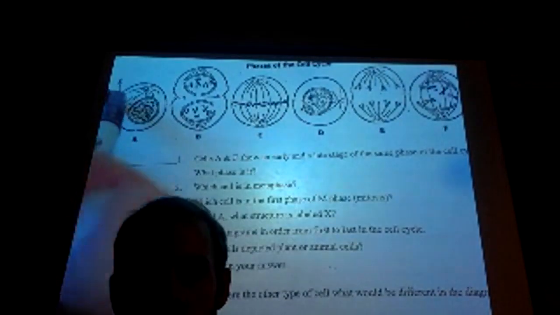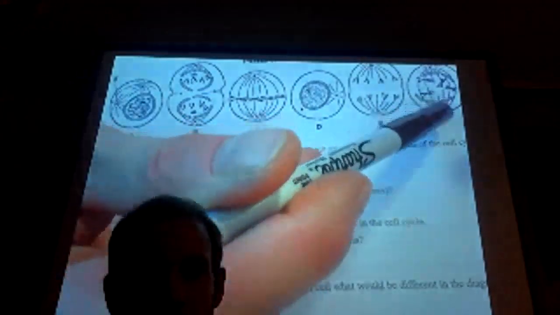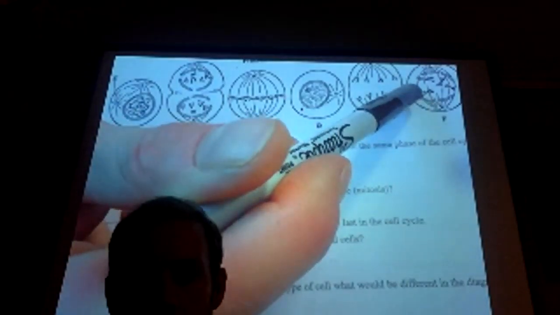At the beginning there's a nucleus. You can see the nucleus, but you can also see the chromosomes. You can see the centrioles, and you can see the spindle fibers that they begin to make. And then the nucleus in F, you can see is breaking down. The chromosomes are visible, but they're not lined up yet. They're both part of prophase. So this first is prophase.